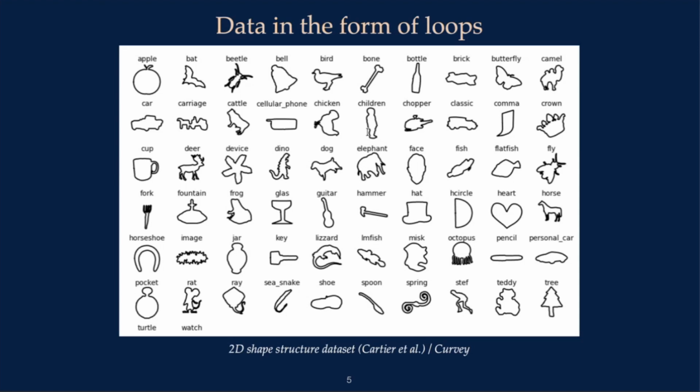For example, we see in this 2D shape structure data set, which you'd find on the Curvy package, shapes that are represented by contours. You get frogs, you get cups, you get apples and butterflies and so on. And a nice data science problem would be to use these geometric loops as inputs, and try and train an algorithm that classifies these shapes based on their geometric loop representation. So you would like a machine learning algorithm to be able to distinguish an apple from a pencil.